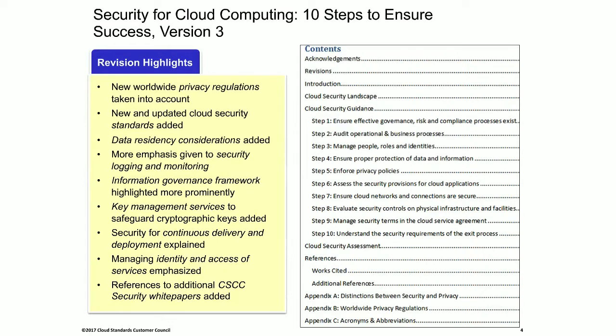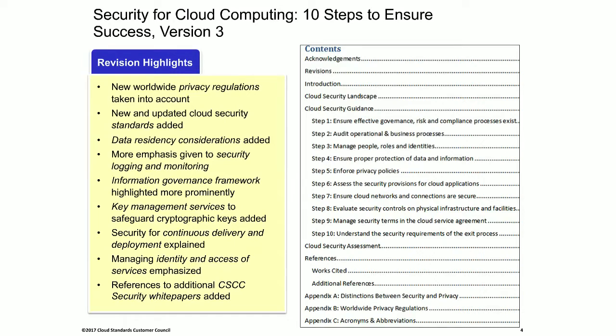We've given an extra emphasis to security logging and monitoring. As cloud services have grown and expanded, this has become an area of focus. We've also taken the time to make more prominent the framework for information governance that we talked about, because as people particularly use multiple different cloud services, this becomes an increasingly important factor.